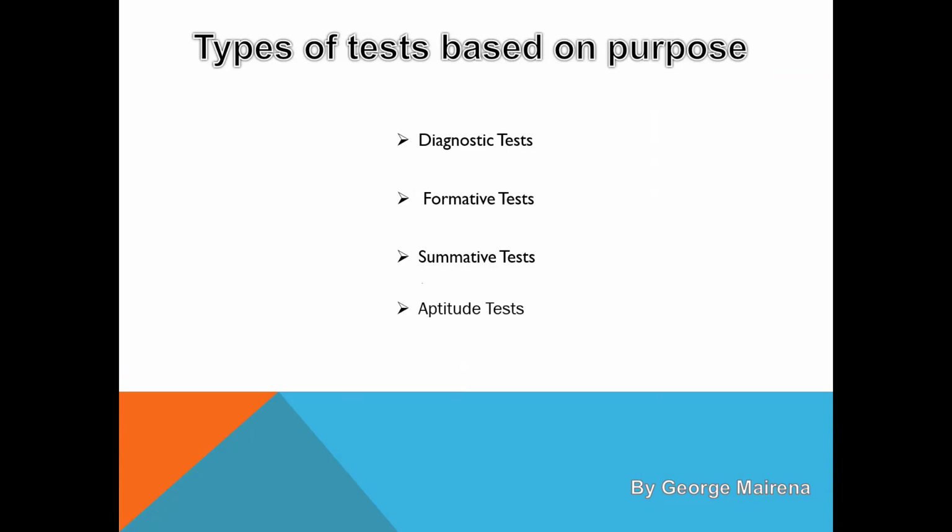And another type of test, folks, is the aptitude test. Remember that here we can measure, we can enhance, we can put into practice the values that we have as human beings, as students, as teachers, like honesty, respect for your peers, integrity, and so on. Okay, so we need to value this.